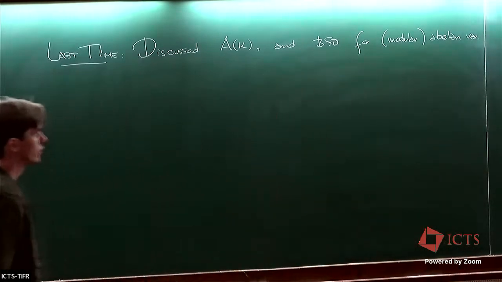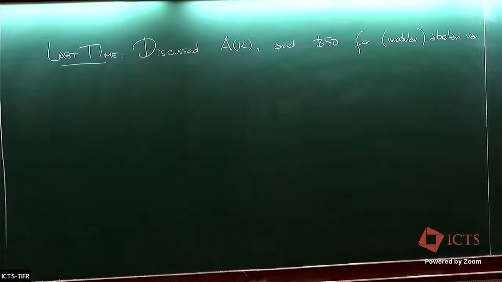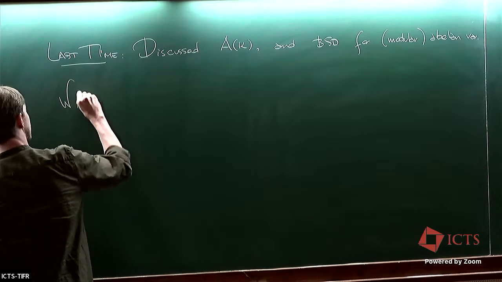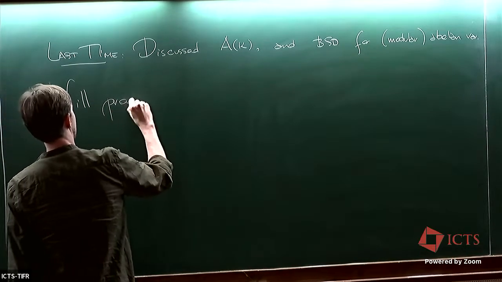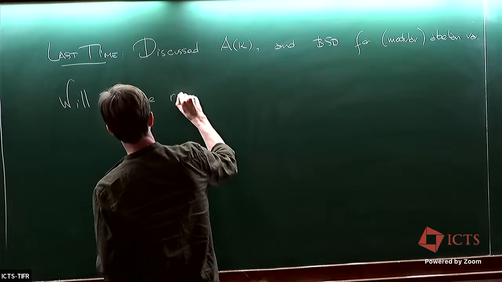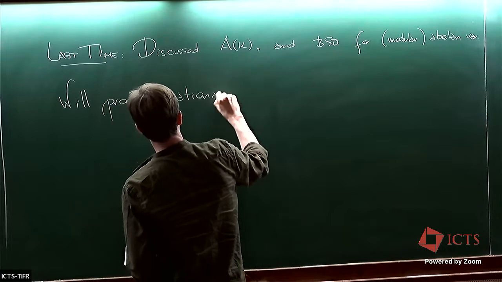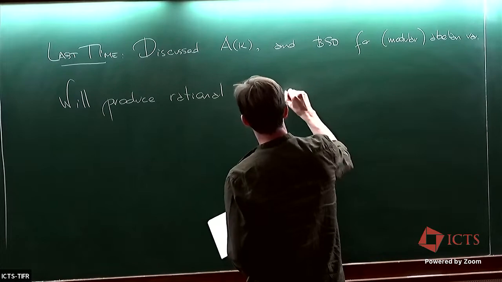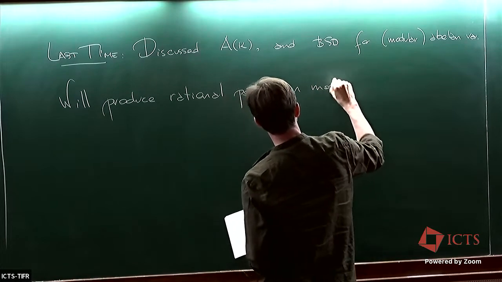Okay. Now, recall that the goal was to use to our advantage, for instance, when we're dealing with elliptic curves over Q, the modular parameterization that was discussed also in other lectures. And so our goal was to produce systematic sets of rational points on modular curves.